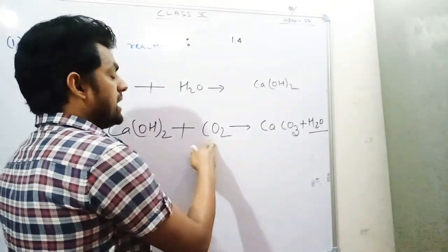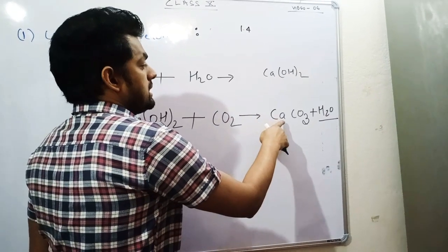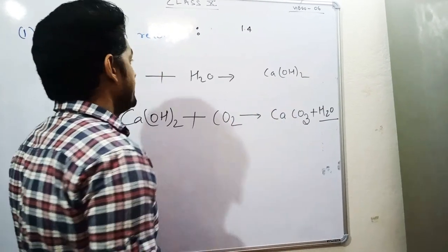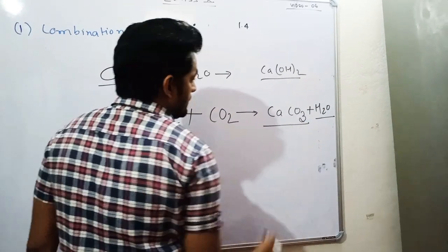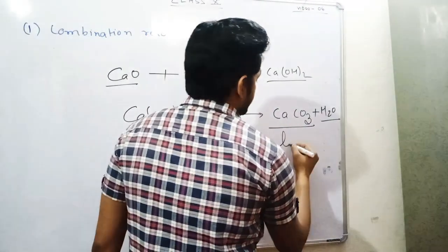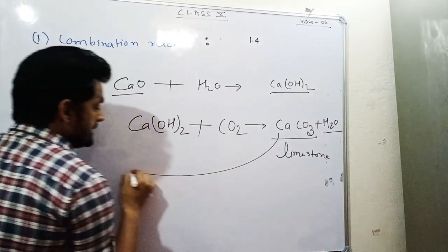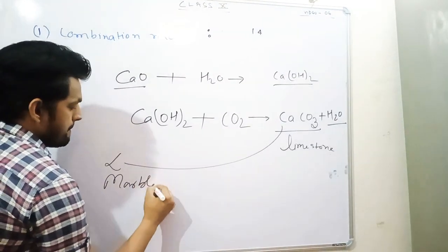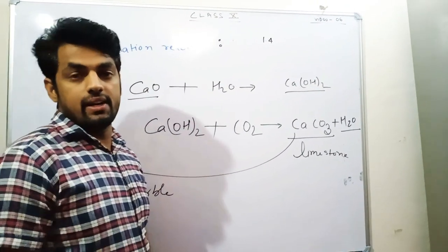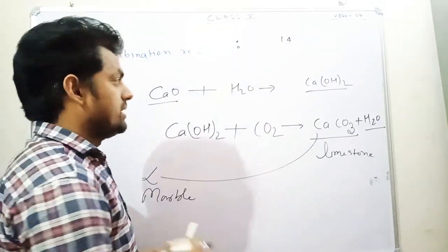Because it combined with carbon dioxide and formed calcium carbonate. It is quicklime, slaked lime, this might be limestone. And it is also the formula of marble. Clear?